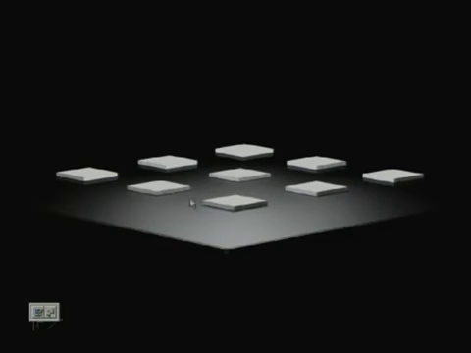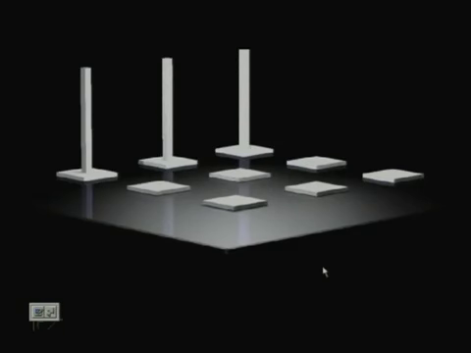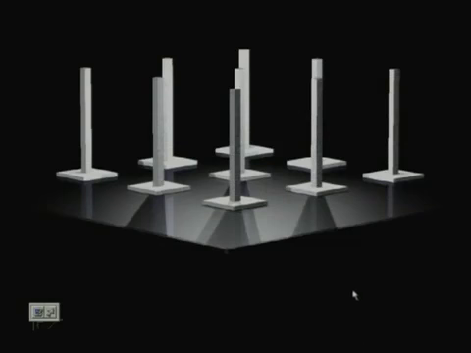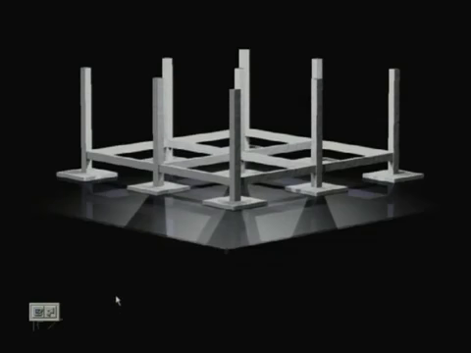So there are 9 column footings, and we have columns, the second level and third level. And these are all tie beams.